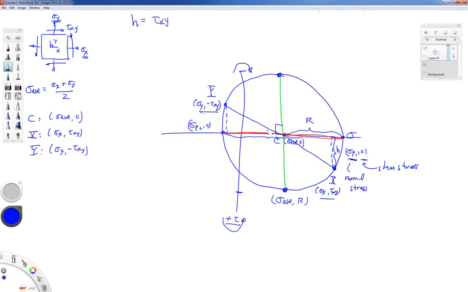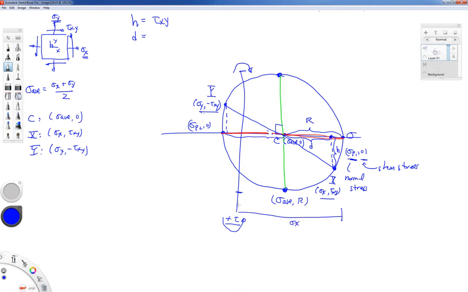And the distance from the center of the circle over to this side of the triangle, not all the way over here to the sigma p1 position, but to this point right here, that distance I'm going to call d. If we look at that distance very carefully, the way that we can find a value for that distance d is we would go from our origin to our x point. That would be the distance sigma x.